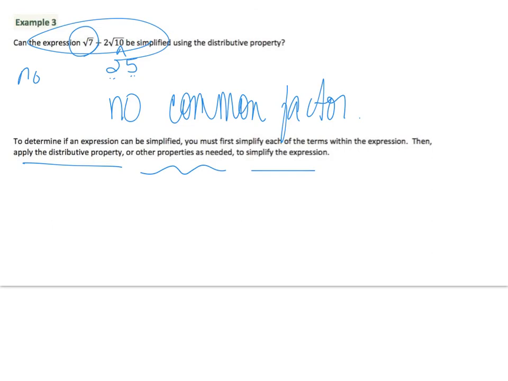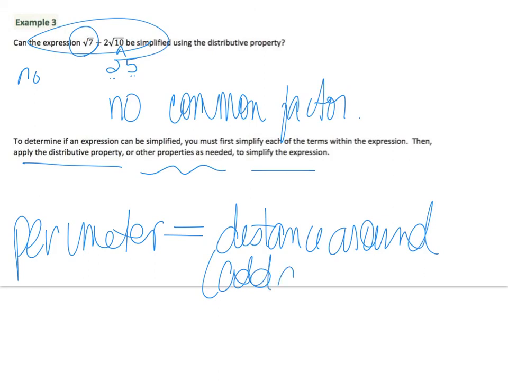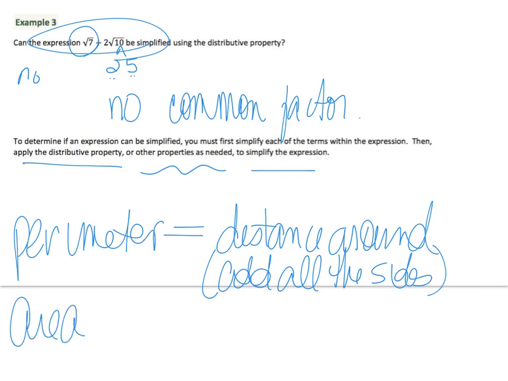There are a lot of problems in your problem sets that have to do with finding area and perimeter. Okay? As a reminder, perimeter is the distance around something. Add all the sides. And area, for instance, area of a triangle is 1/2 base times height.